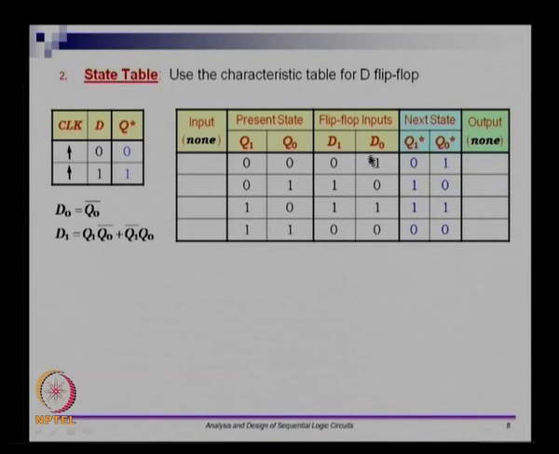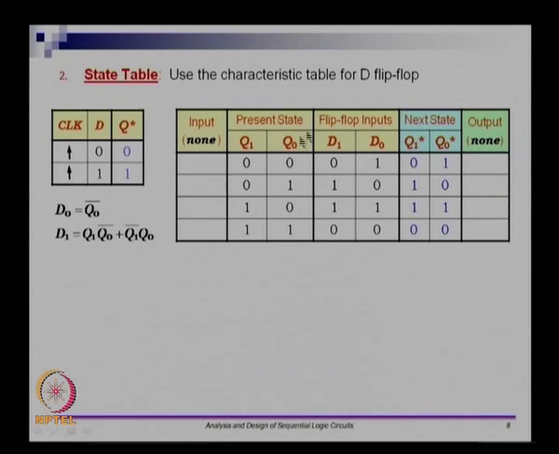So, for the D flip flop case, you copy the D inputs directly, and those will be the next states: 0 1 you copy directly, 1 0 you copy, 1 1 you copy and 0 0 you copy.